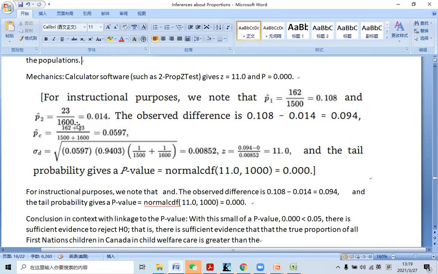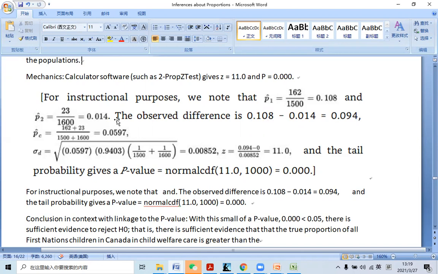How about non-Aboriginals? Non-Aboriginals, 23 out of 1,623 are in childcare. The percentage is like 1.4, way lower. And then the observed difference between two samples is 0.094. That's 9.4%. This is a 9.4% difference between the Aboriginals and non-Aboriginals.